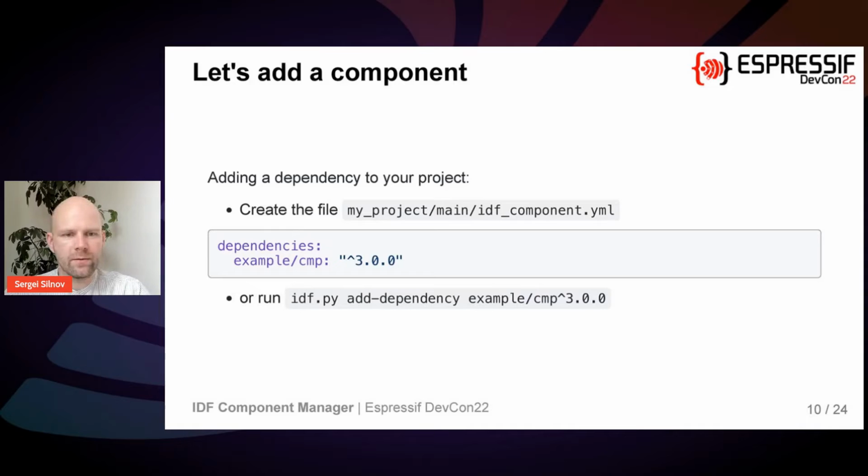Or you can achieve the same by running the command idf.py add-dependency and passing the name of the component, optionally with a version specification. You can find this command to copy on the component registry page.